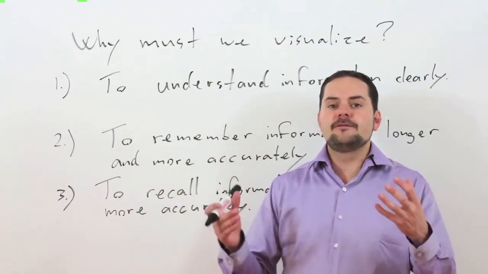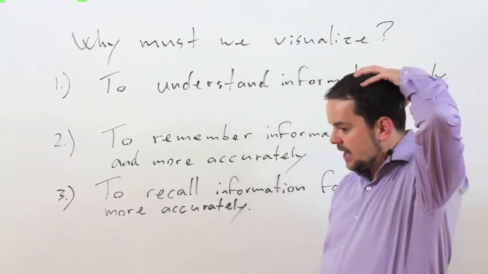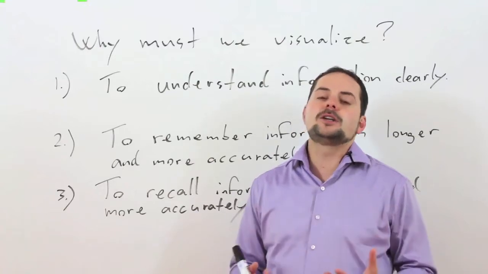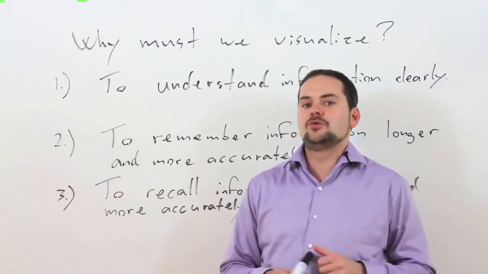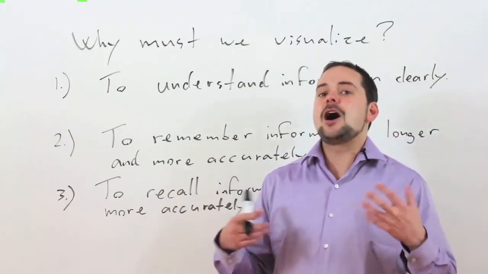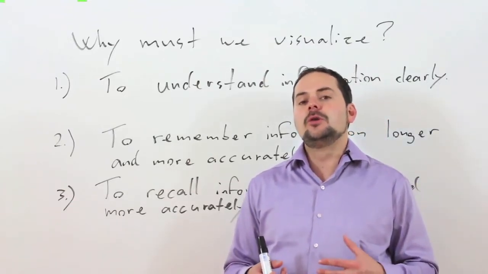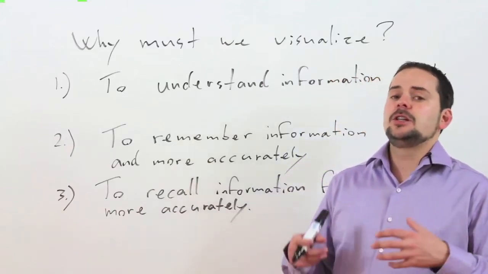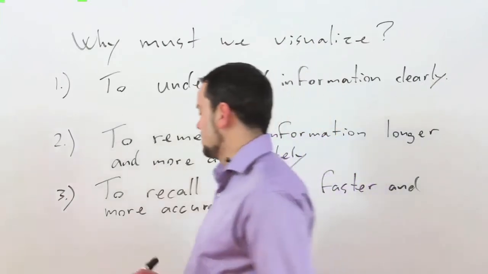We take in more information with our eyes than anything else. This back part of our head, called the occipital lobe, is used for visual processing. So this means that anyone who is not visualizing information is really not using their most powerful sense and their most powerful processor to figure out and understand information. So remember, visualization is your most powerful tool. It's your most powerful processor.